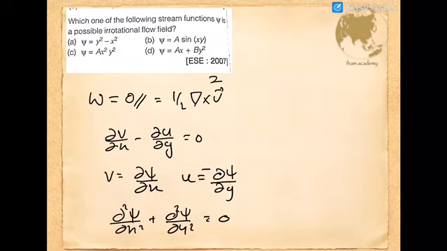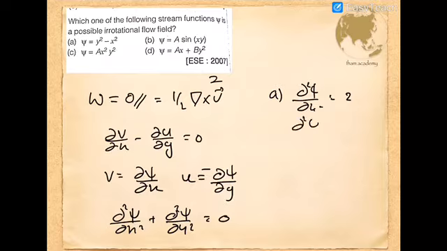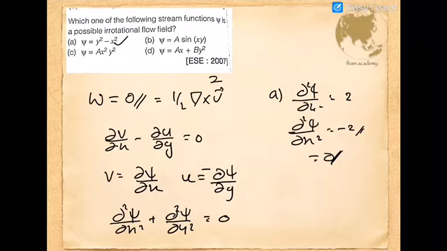So from the given options, if we take option A, the ∂²psi/∂x² term you will get 2, and ∂²psi/∂y² you will get minus 2. So the sum of these two values gives 0. Option A will be the correct answer. All others will not be the answer.